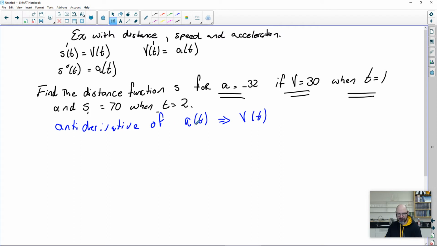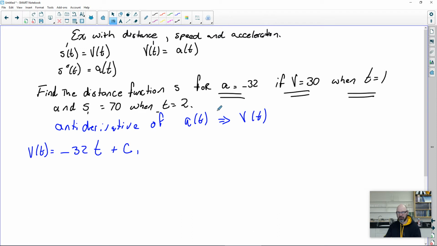Okay, if we take the antiderivative of negative 32, this is going to give us our velocity, or speed if you like. So how do you take the antiderivative of this? Well, you put a t there, because we're dealing with time, because we got t1 and t2. So negative 32t plus a constant. That's it.